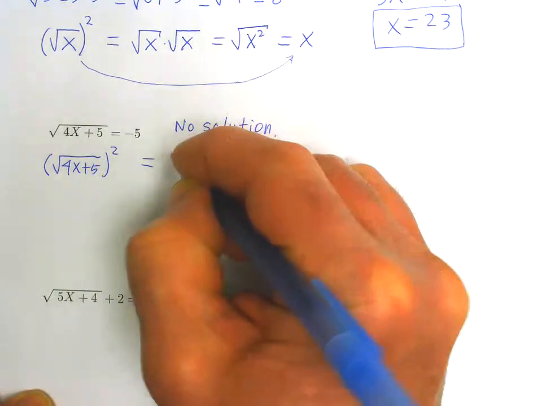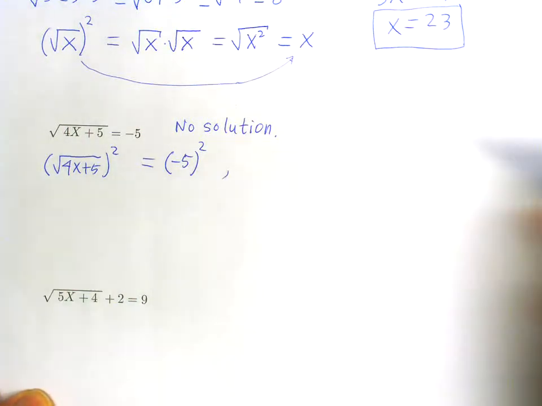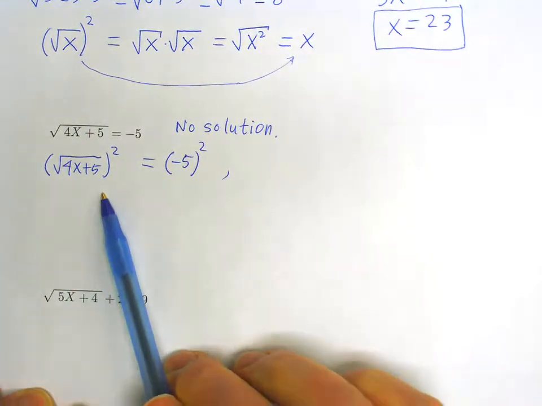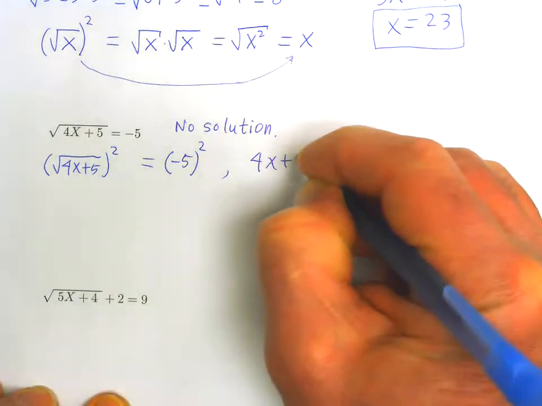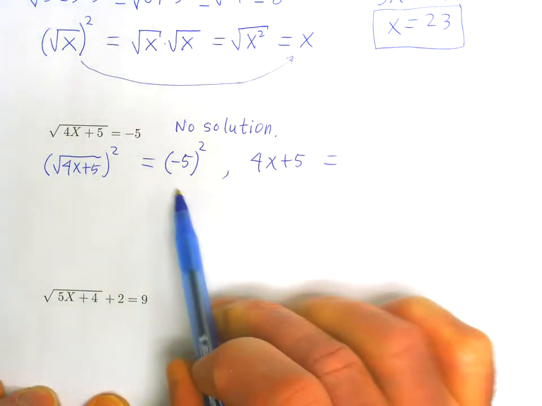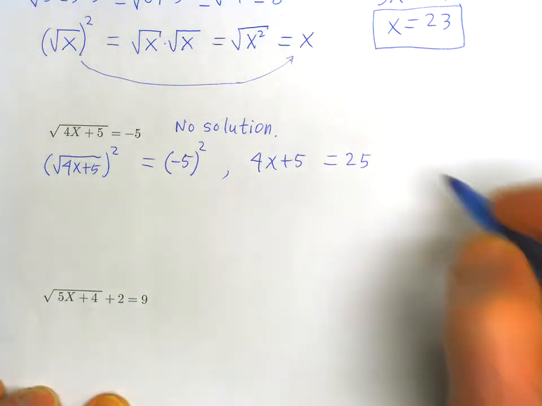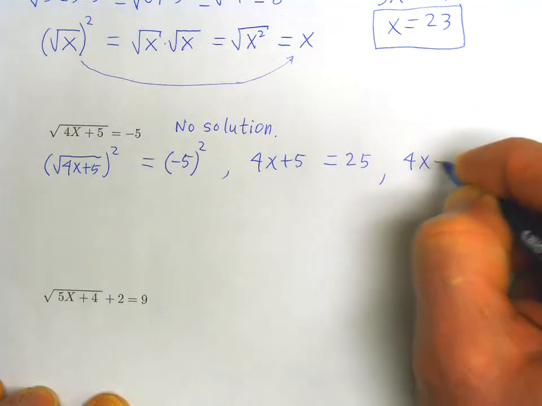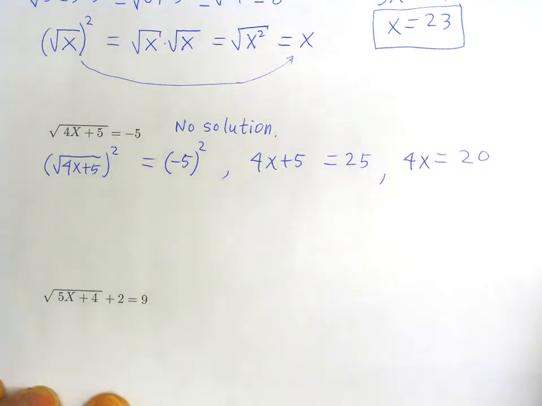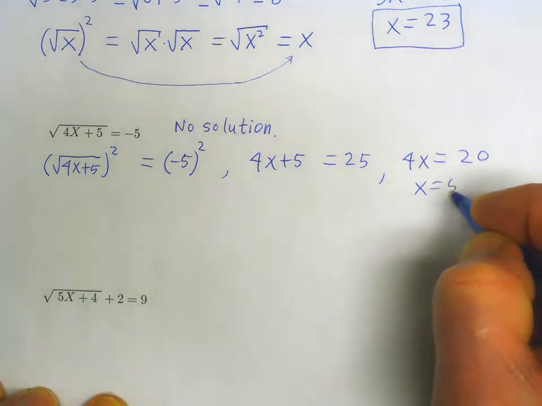And on the right-hand side, we're going to square the number -5. When we square the square root of 4x plus 5, we just get 4x plus 5. And when we square the number -5, we get 25. And then subtract 5 from both sides. 4x equals 20. And then divide both sides by 4, x equals 5.